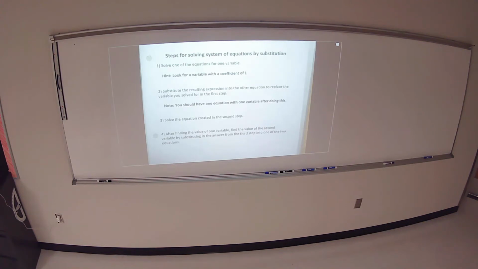And here's another limitation on graphing. Solving by graphing works when you know you're going to get two whole number answers. So when it crosses at the point 3 comma 2, great. That's awesome. But what if it crosses at the value of x is 1.6 and y is 3.2?